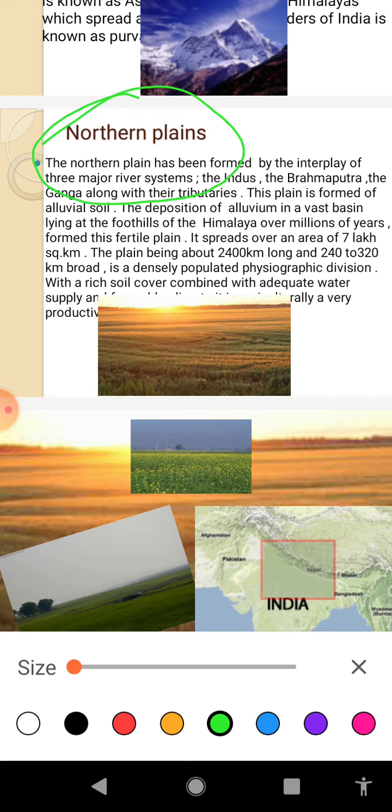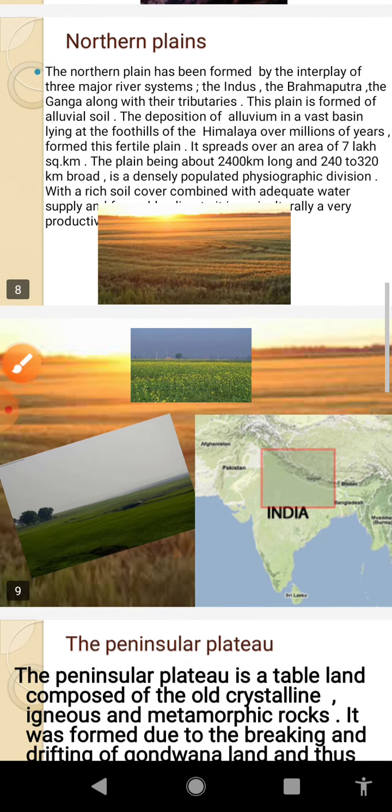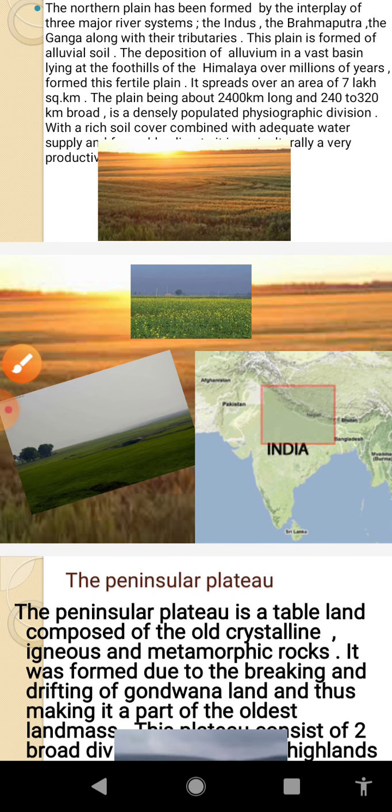Second point, the fertile soil and assured water resources have made this plain a rich agricultural land of our country. Next point, the plain has a good network of roads and railways which has led to the large scale industrialization of this region, and generally in this area we get agro based industries.